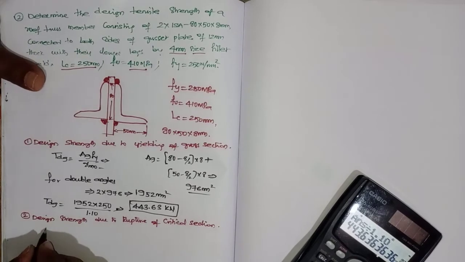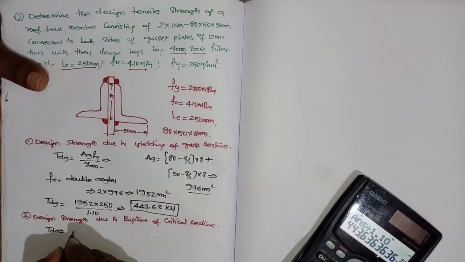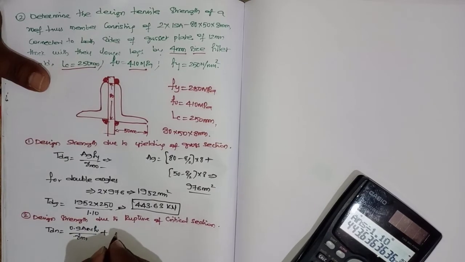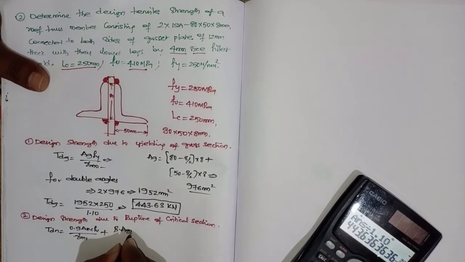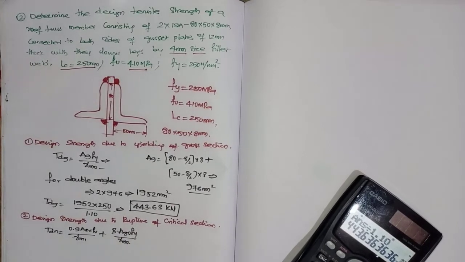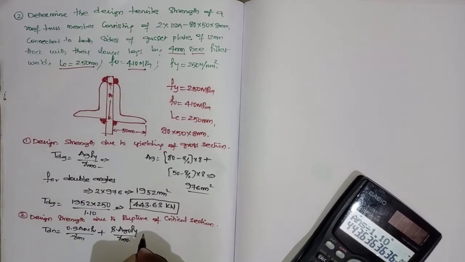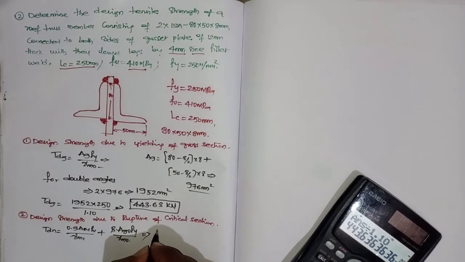So what is this? Tdn equals 0.9 Anc Fu by gamma m1 plus beta Ago Fy by gamma m0. Now, what is Anc?